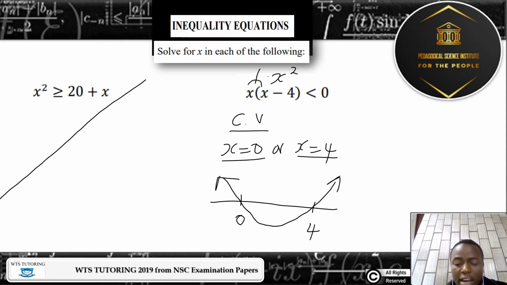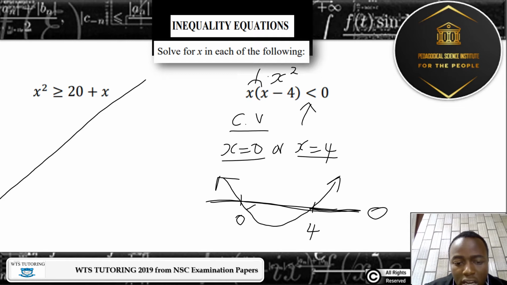So now you check. You assume this line is 0, right? Sorry about this. Then what do you do? You are going to check, because the inequality symbol there is saying less than. So it means it must be under 0.